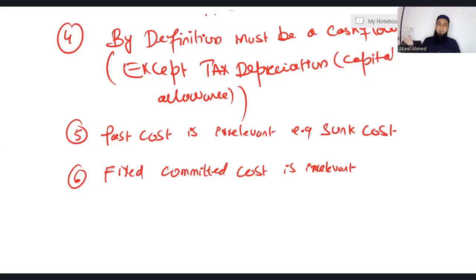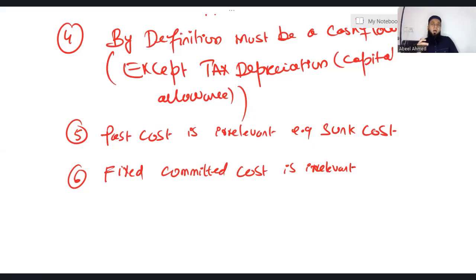When you are bringing another project to the same premises, the rent which you are already giving is not a relevant cost for the new project, because whether you are accommodating the new project or not, whether you are making an investment in the new project or not, you have to give the rent.